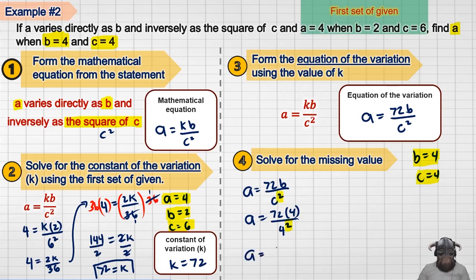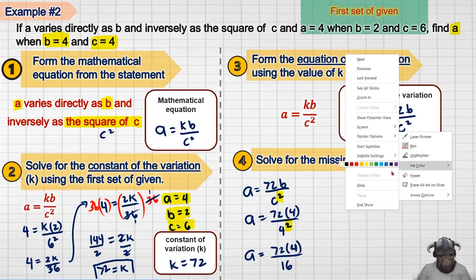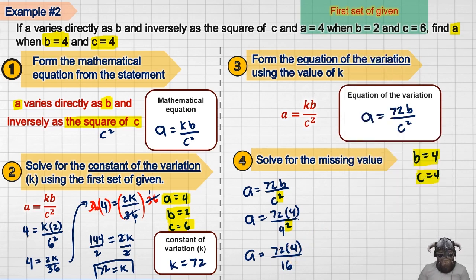Simplify muna natin yung may exponent sa denominator. So, we have 72 times 4 all over 4 times 4 is 16. Yan. So, from here, para hindi ka na mag-multiply ng 72 tsaka ng 4, dun, mag-simplify na tayo. Or pwede na tayo mag-divide dun pa lang sa solution natin.